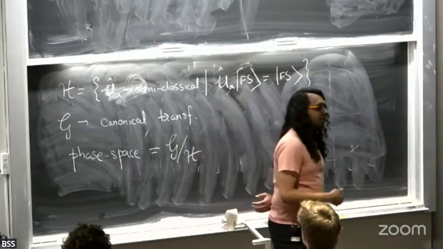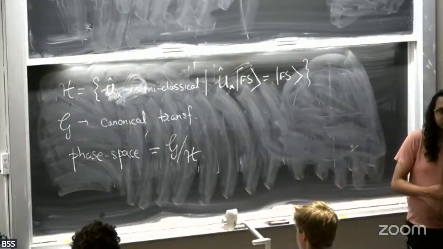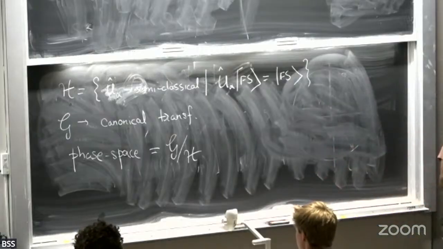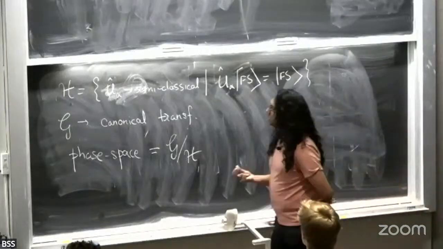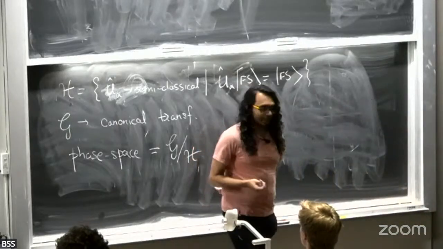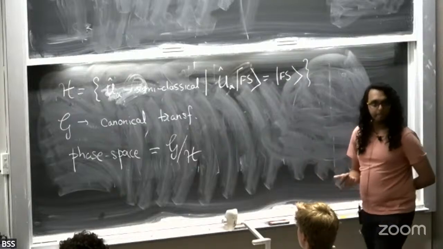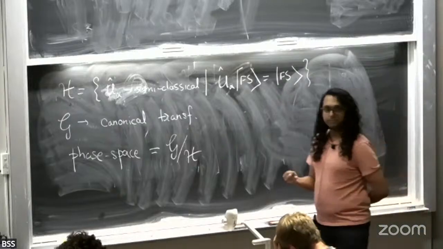And whenever you quantize, you reduce, because you kill away things that are classically possible but quantum mechanically not possible. A classical phase space is X and P. A quantum phase space, wave functions only depend on X. So in that case, I would argue that it has to be smaller. Other questions?